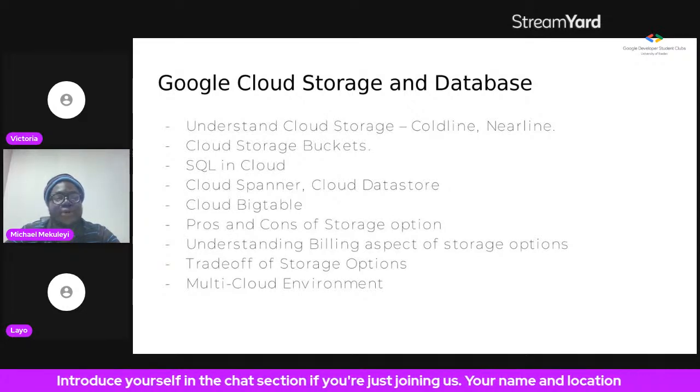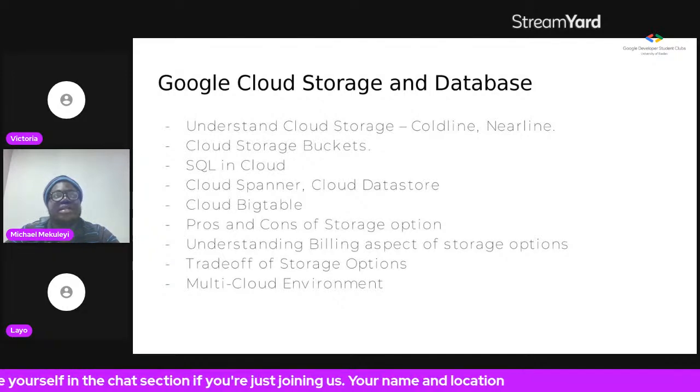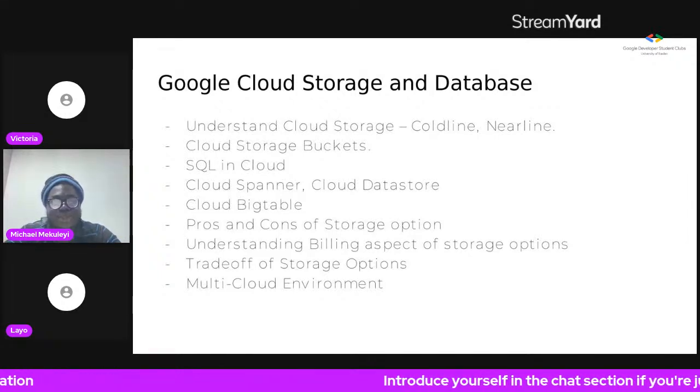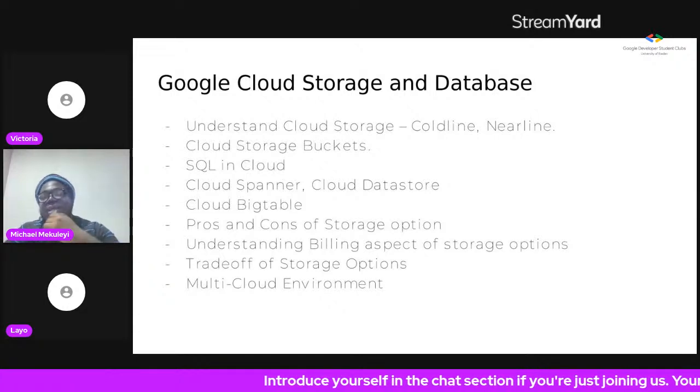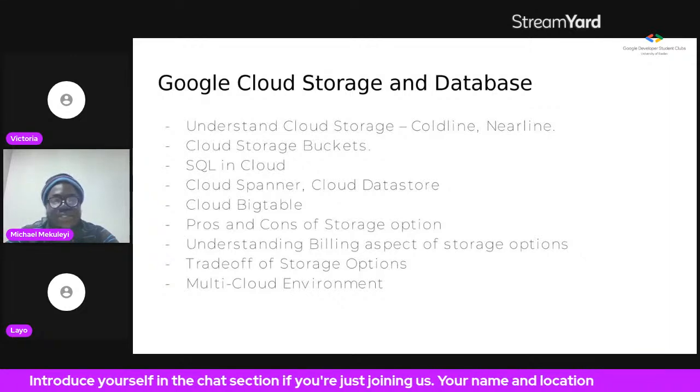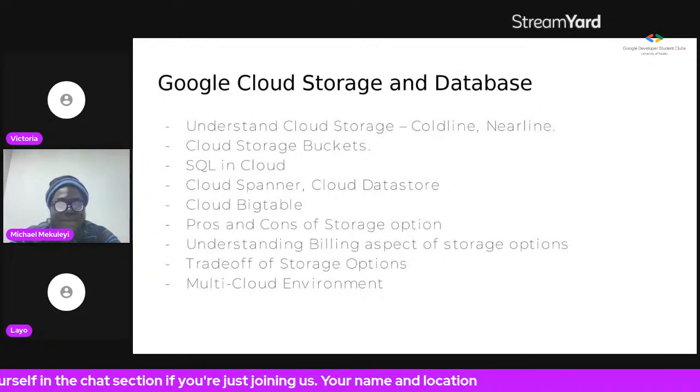The way Google Cloud Storage bills is that per gig you are billed a particular amount. Per month you can pay something as low as 0.0-something per gig. So you can store terabytes and terabytes of data and be paying just $2 per month, which is not a lot for the amount of data you want to store.